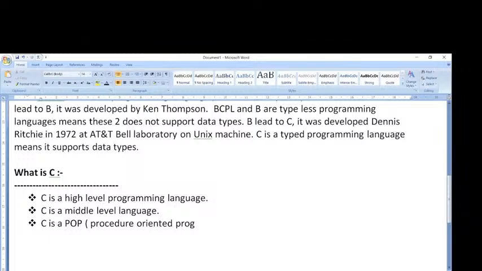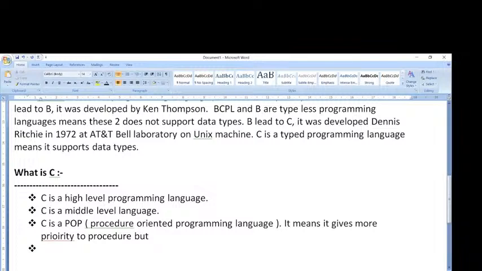That is the meaning of that. Right. C is a typed programming language.